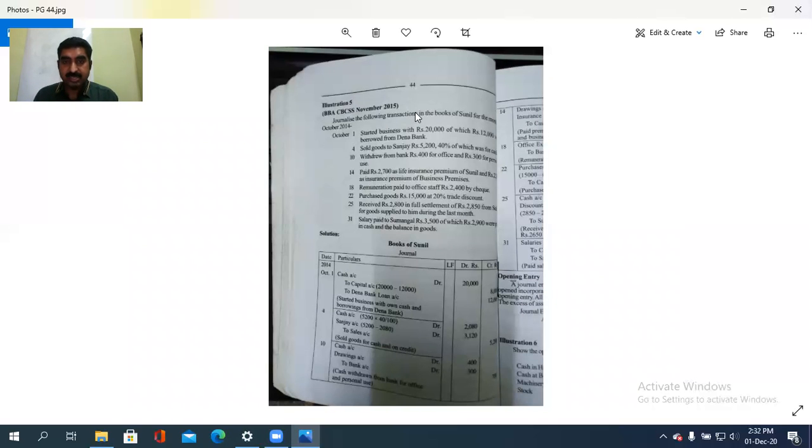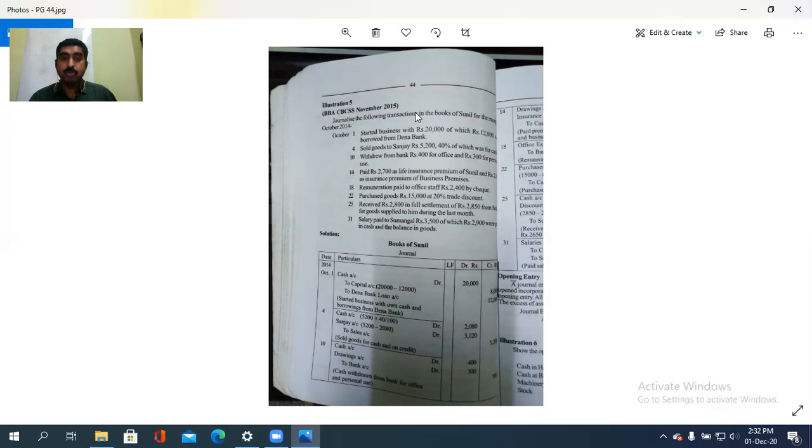Then next, purchased goods 15,000 at 20% trade discount. Keep it in mind, trade discount is not to be entered in the accounting books. So 15,000 at 20% is 3,000, so only 12,000 we need to pass the entry. It is not a credit purchase, it is a cash purchase, but a 20% trade discount is allowed.